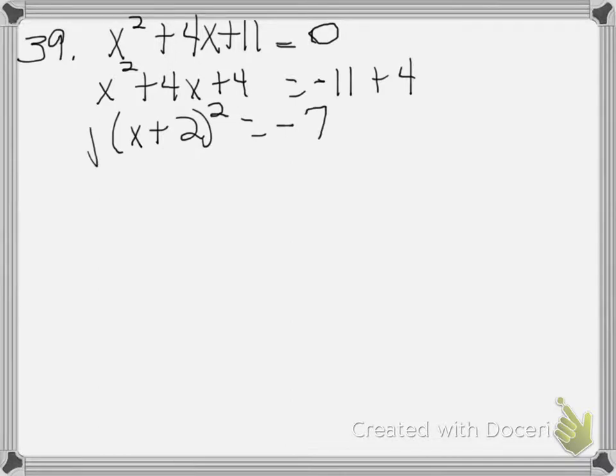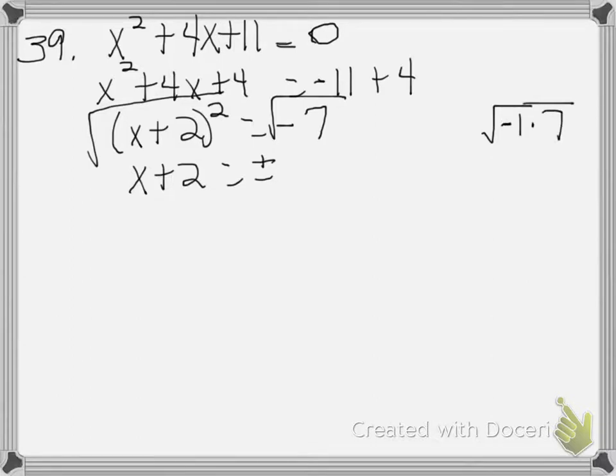Now we're going to take the square root. So that's x plus 2 is equal to plus or minus the square root of negative 7. Remember, you cannot take a square root of a negative number. You have to break it down to negative 1 times 7, and the square root of negative 1 is i, so it's plus or minus i square root of 7.